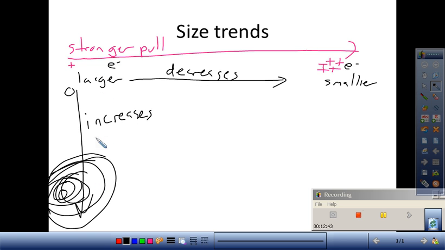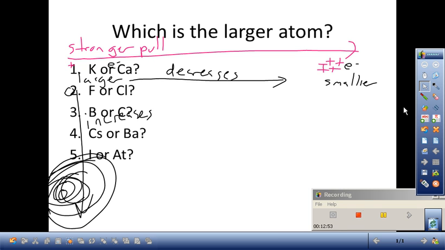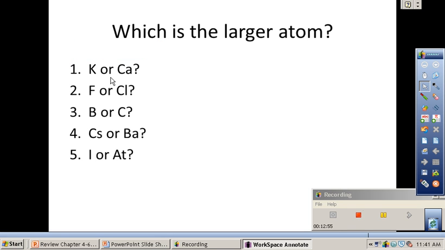So it gets smaller going across, increases going down. And like I said, don't try and memorize it, understand it, and be able to reason through it. All right, so given 2 elements, tell me which one is the larger atom. Pause the video and continue when you're all done.